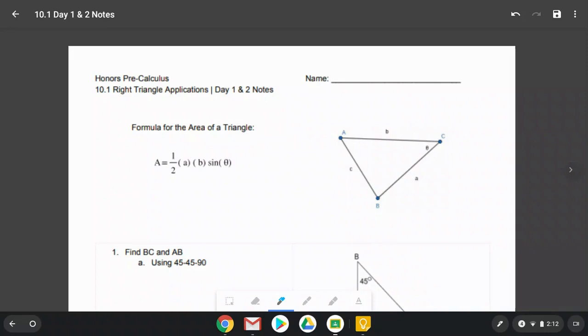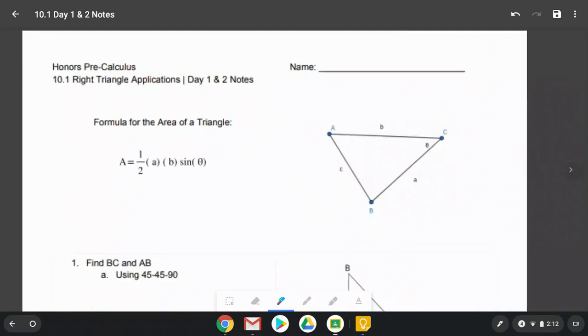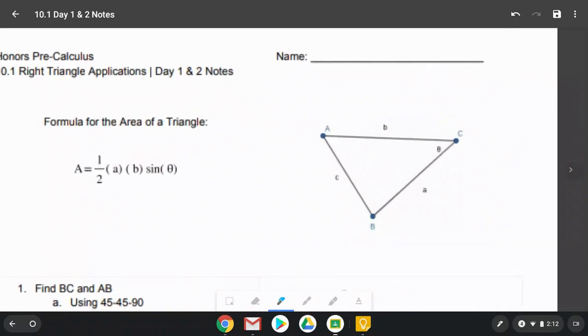Just a quick note for this, please make sure that the numbers that you're plugging in for this formula do represent numbers from a side angle side triangle. So for our picture here, we have side A, side B, and then angle theta, making our side angle side. Any other combinations of information given will not work for this specific formula.